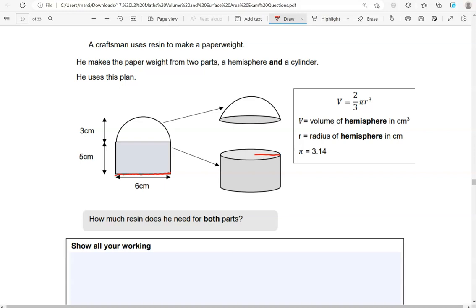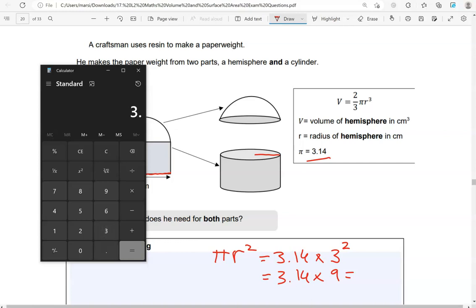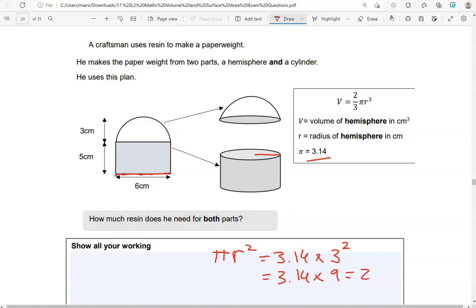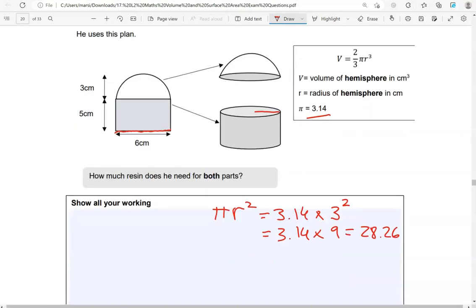So start with the area of the base, so pi r squared. We'll use 3.14 for pi times the radius, which I said was 3, so 3 squared, so 3.14 times 9, which is 28.26, and now we'll multiply this by the height.